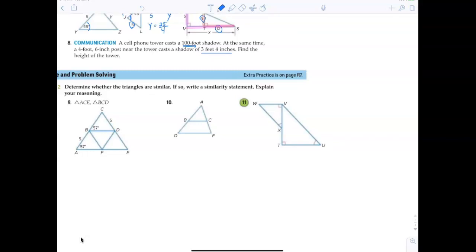So the height of the post is 4.5 feet, and the shadow would be what? Do not say 3.4. Well, yeah, but I don't even like that. It's what? Come on, man. 4/12.